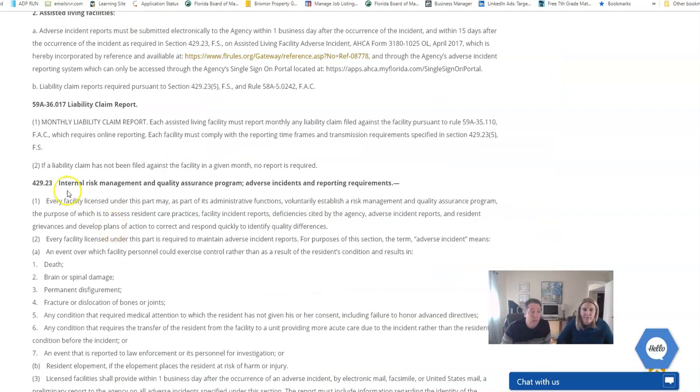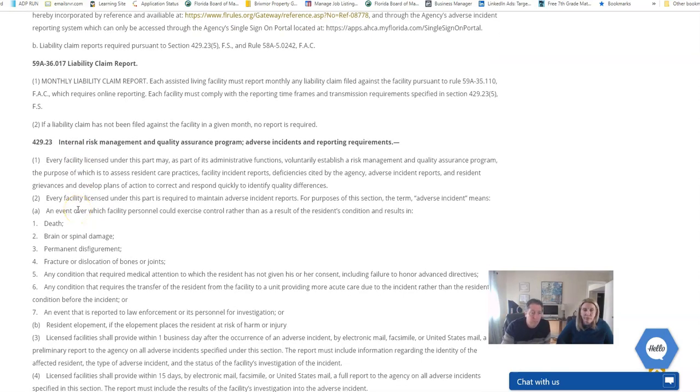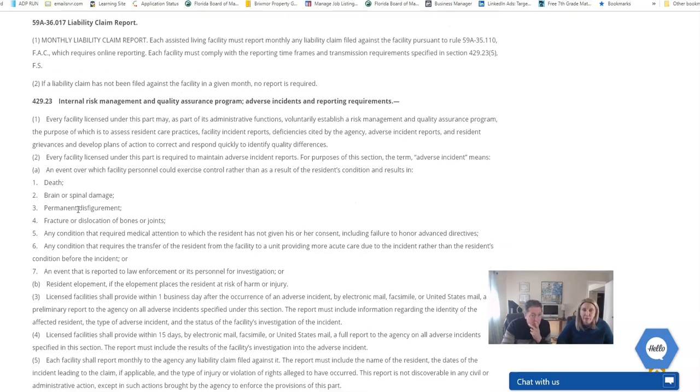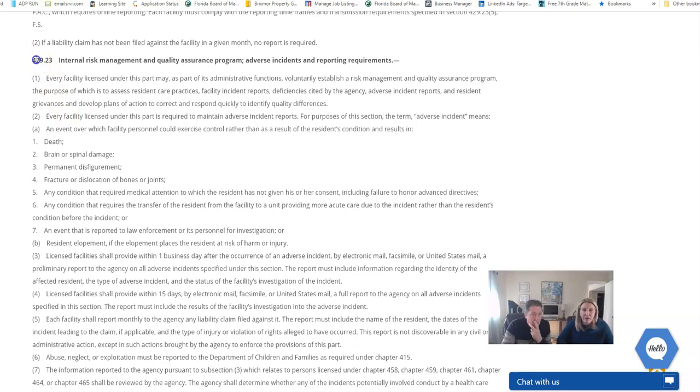And then, if a liability claim has not been filed against the facility in a given month, no report is required. I don't think that would be a test question, but it's good for you to know when you're operating your facility. Definitely. I'm going to highlight these things. We can reference. There's a few questions about this, but I wouldn't kill myself memorizing anything here.